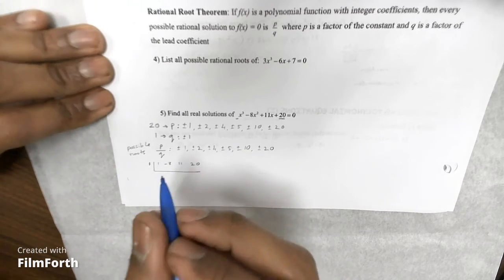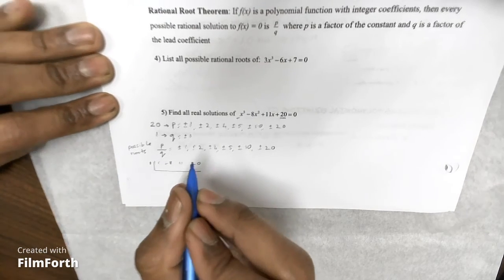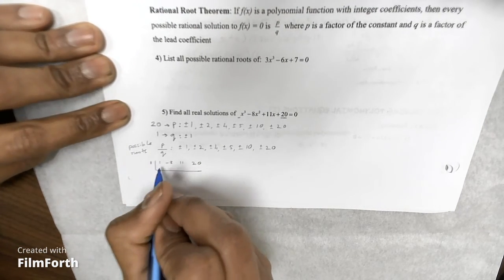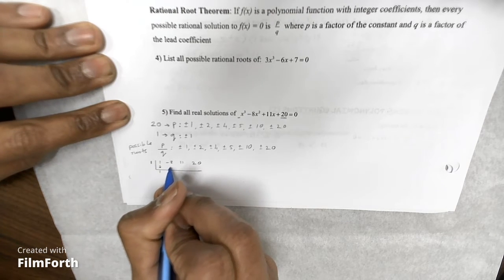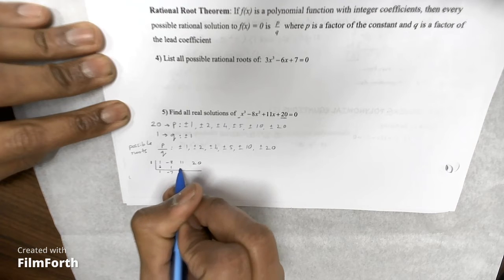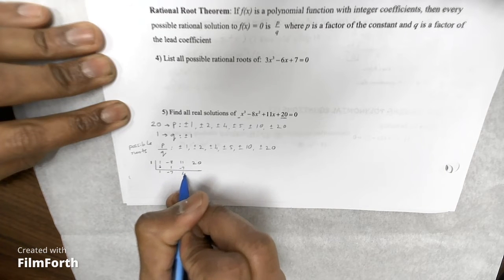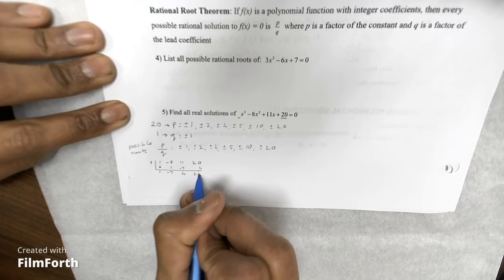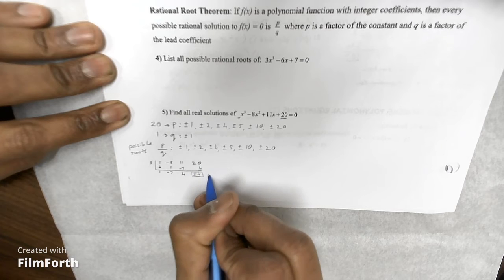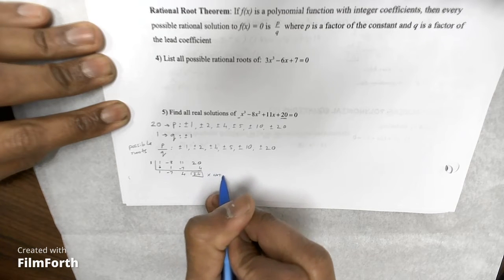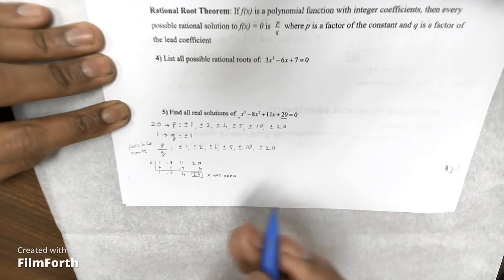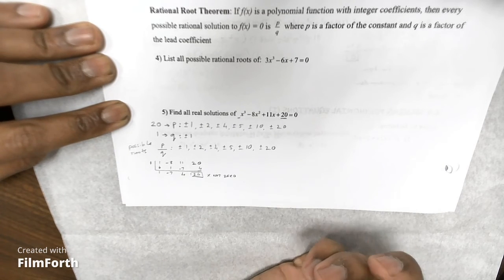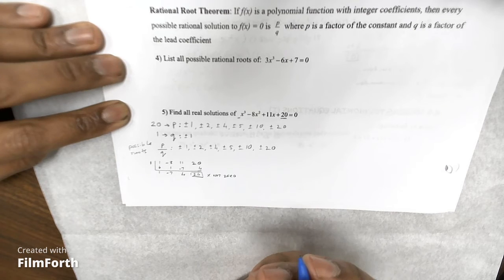You are a veteran. So go ahead and do some serious synthetic division. And you notice that 24 is not 0. That means 1 is not going to work. The remainder has to be 0.